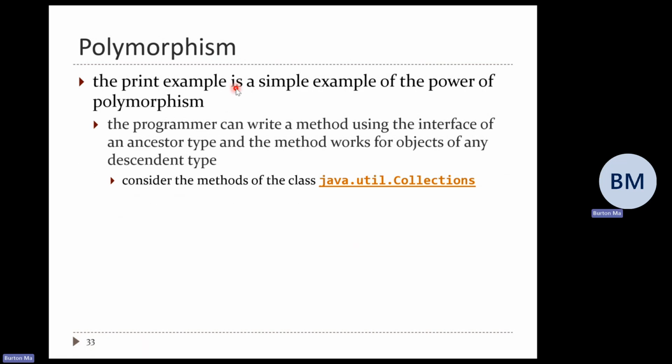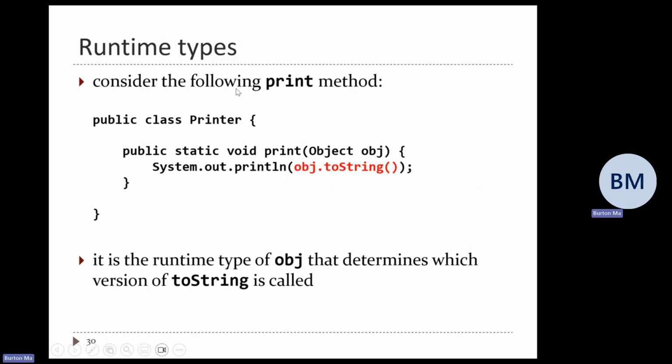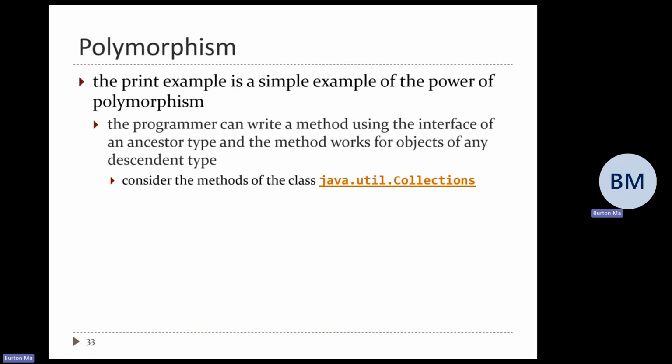So that print example looks trivial, and it kind of is, but it illustrates the power of polymorphism. The programmer is able to write methods using an interface of the ancestor type.